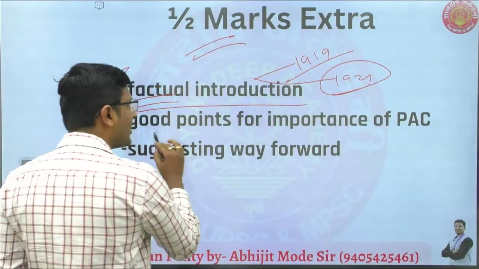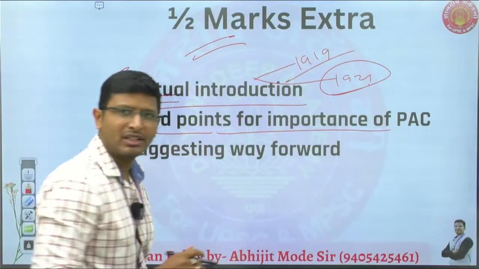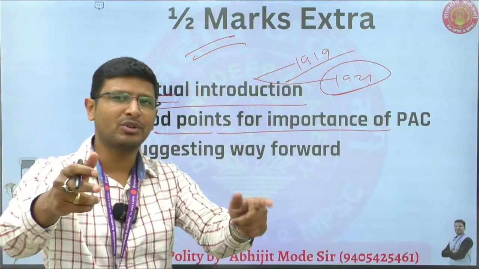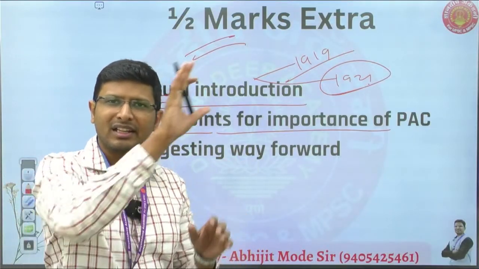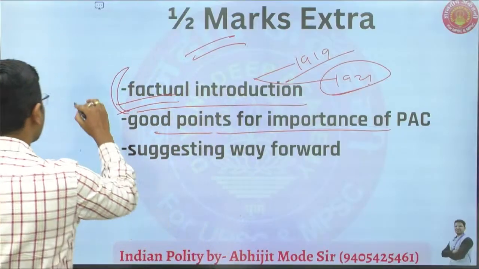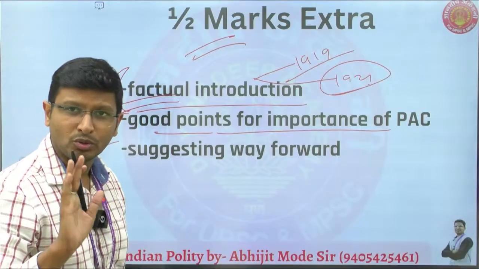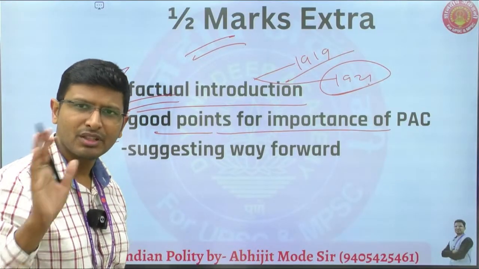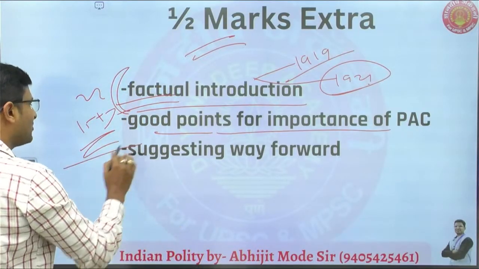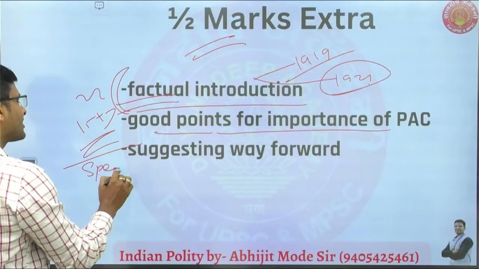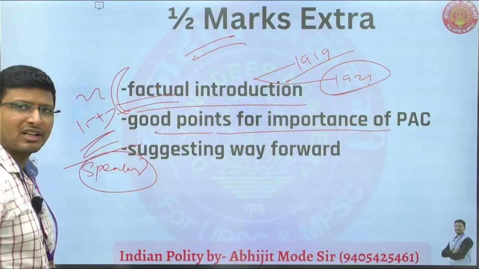Then good points for the importance of the public account committee. You have to write good points. See, features you can write easily. कितने members हैं? There are 22 members, 15 from Lok Sabha and 7 from Rajya Sabha. You have to write all these facts. Only then you will get better marks. You will write who will be the chairman here. The chairman is appointed by the speaker.